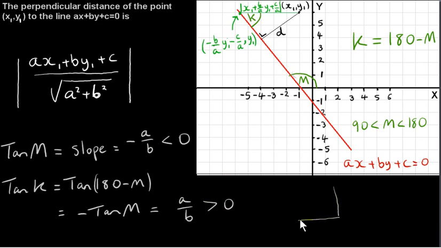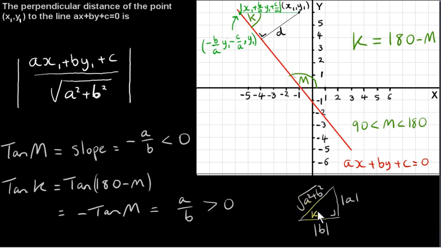So, knowing the tan of K, we can get the sine of K. Like before, we need the sine of this angle to find out what D is. So we just have a right angle triangle here, make the side opposite K A, or better, make it the magnitude of A, because A could be negative, and make the side adjacent to K the magnitude of B. Then we know from Pythagoras that hypotenuse is root A squared plus B squared.